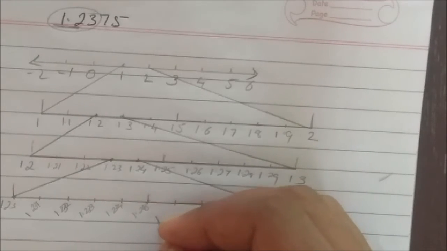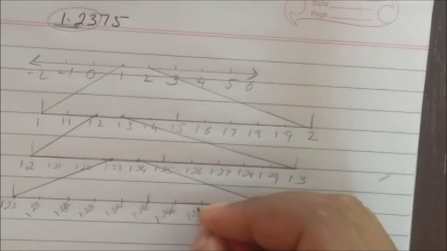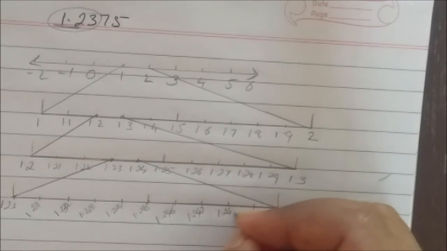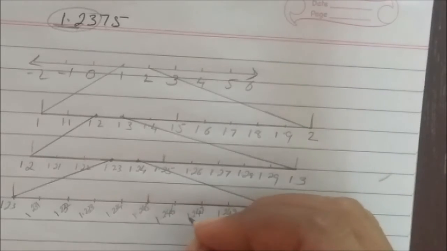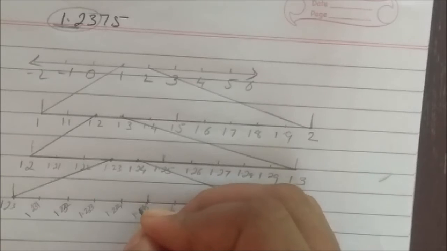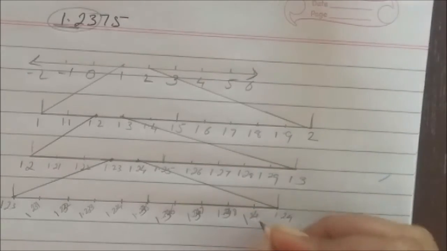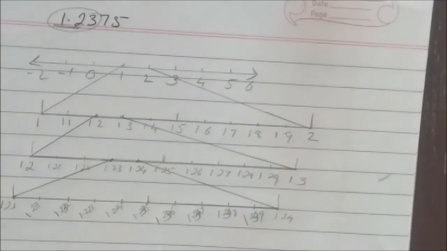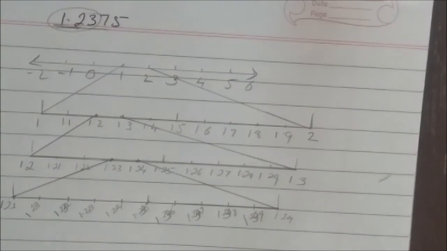Then 1.236, 1.237, 1.238. So where is 1.237?